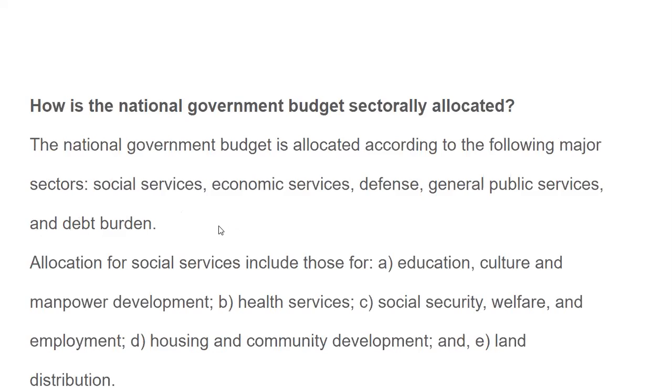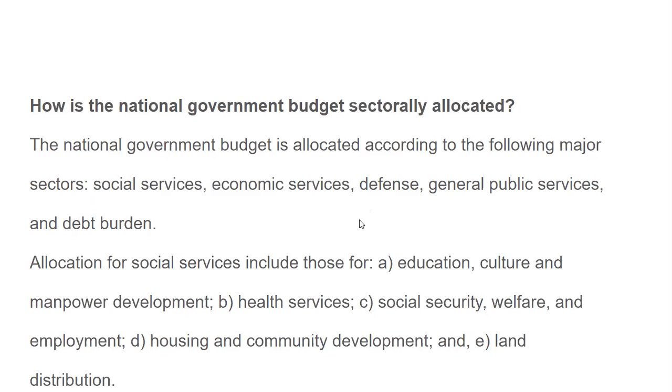Now, how is the national government budget sectorally allocated? The national government budget is allocated according to the following sectors: social services, economic services, defense, general public services, and debt burden.